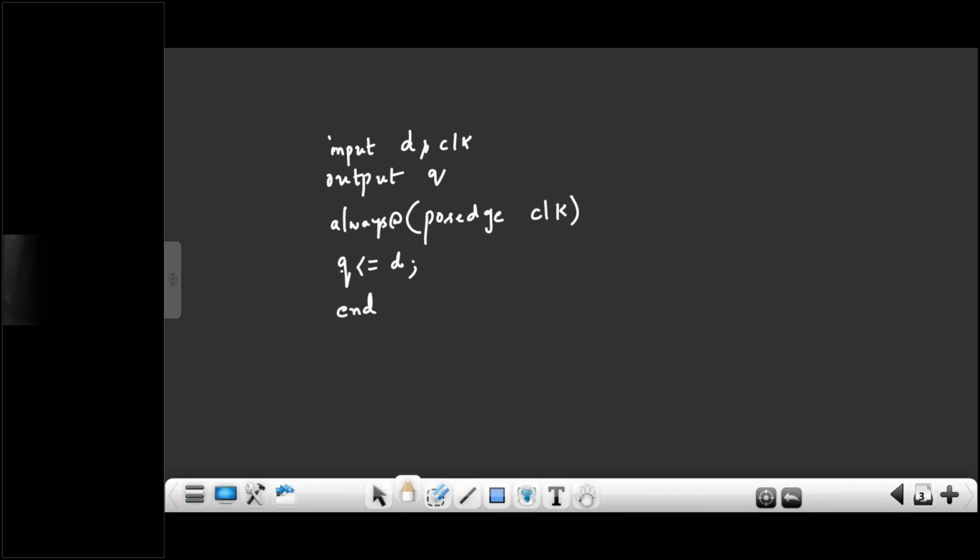Simple always block. Is this program correct? Syntax-wise, it is correct. But there is some problem. What is that?